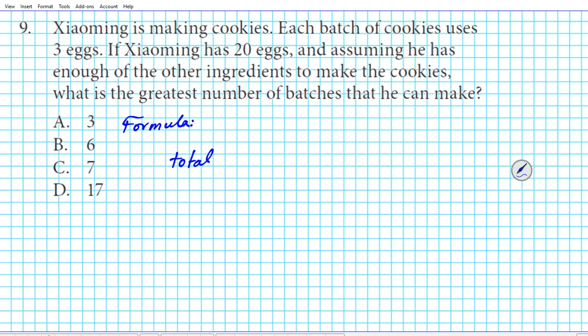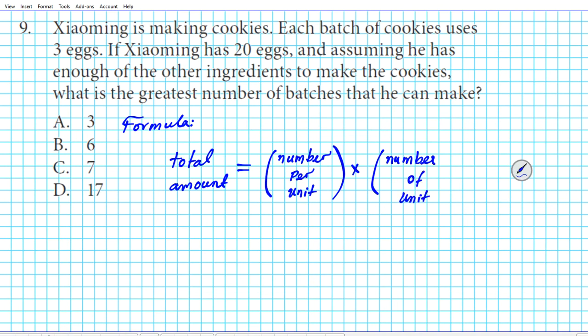Total amount is equal to the product of number per unit multiplied by the number of units. Okay, so this is a formula that we talked about using to calculate total amount if you're given the number per unit and the number of units.